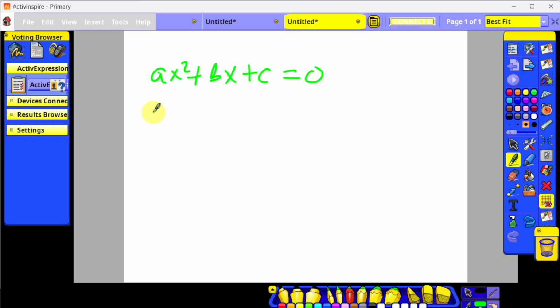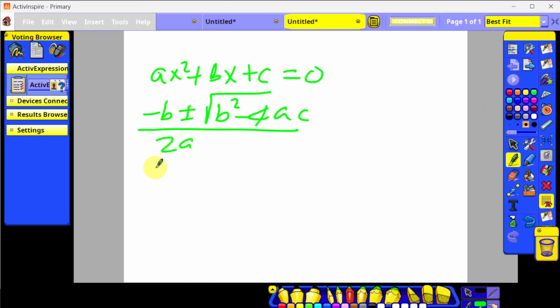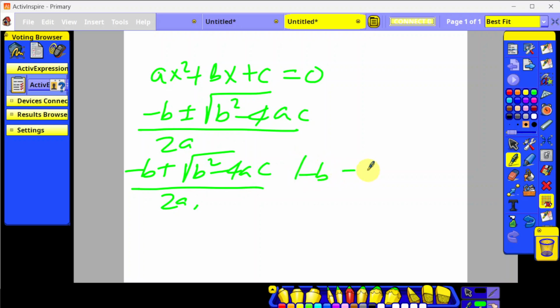The solution is given by the formula minus b plus or minus square root of b squared minus 4ac over 2a. So let's write the roots like this: the first root is minus b plus square root of b squared minus 4ac over 2a, and the second root is minus b minus square root of b squared minus 4ac over 2a.